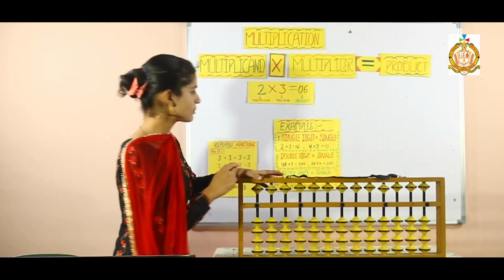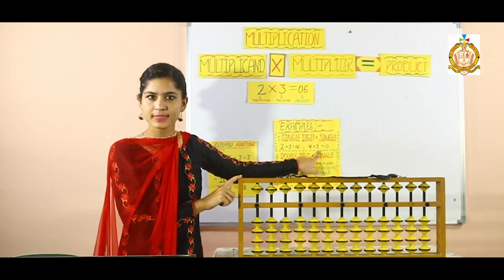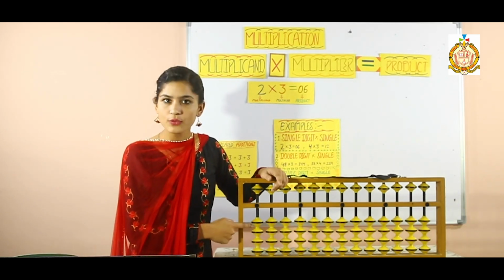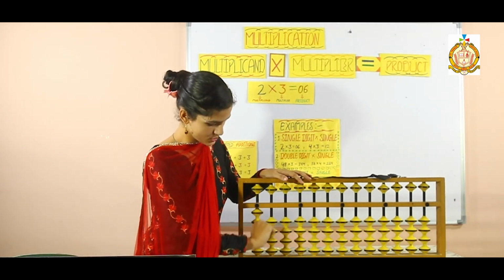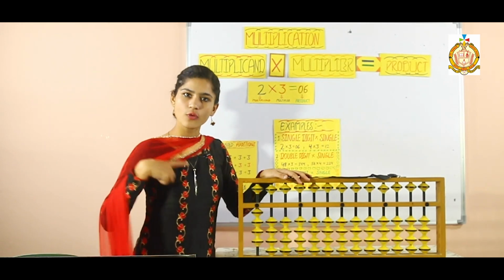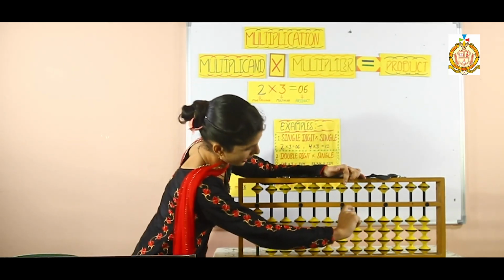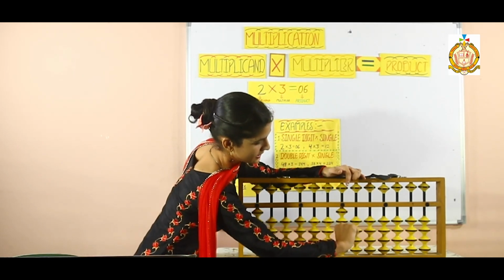Now, second sum, look here. 4 into 3. 4 is our multiplicand, so add 4 with the help of thumb. 1, 2, 3 and 4. Now 4 is added. Now the multiplier is 3, so add 3. 1, 2 and 3.